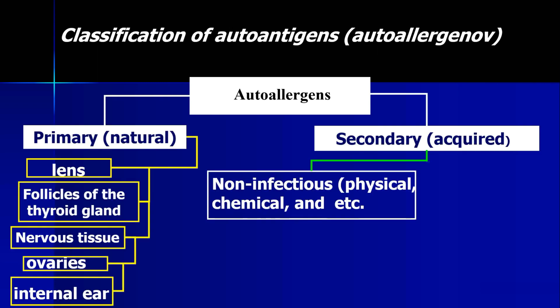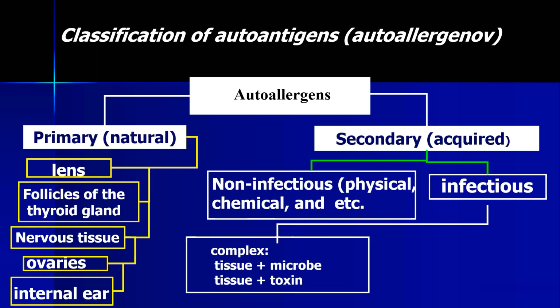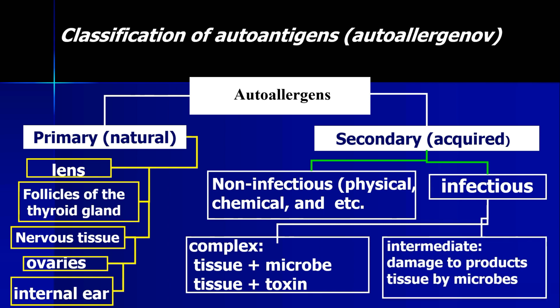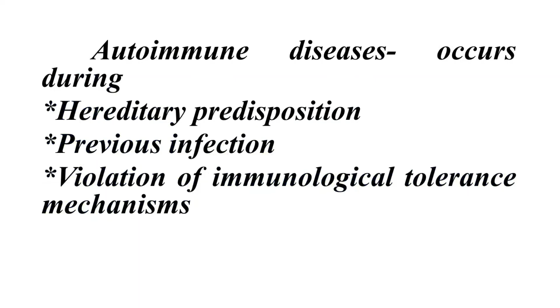Classification of autoallergic diseases: they have primary and secondary forms, primary natural and secondary acquired, such as the lens, follicles of the thyroid gland, nervous system, and ovaries. Secondary allergens are non-infection factors and infection factors, and non-infection factors have two types, complex and intermediate factor, damage to tissue products by microbe.